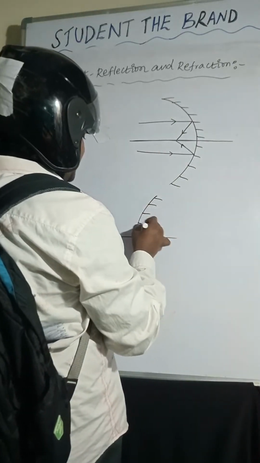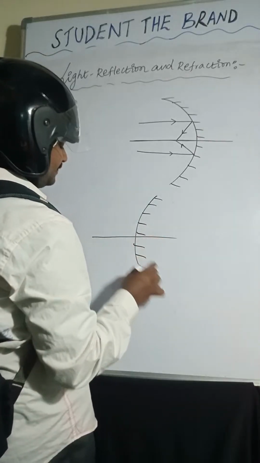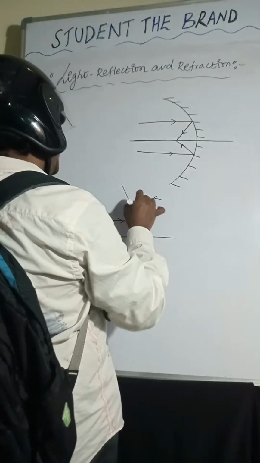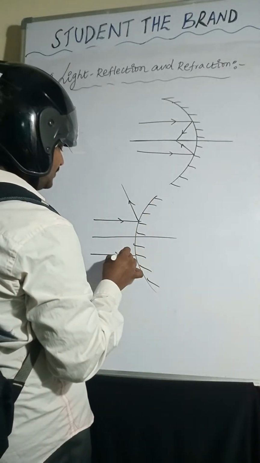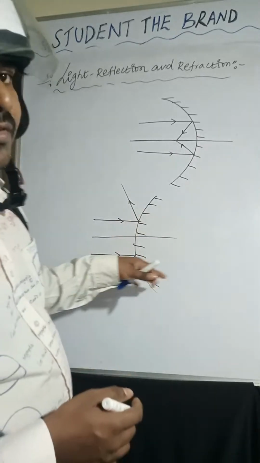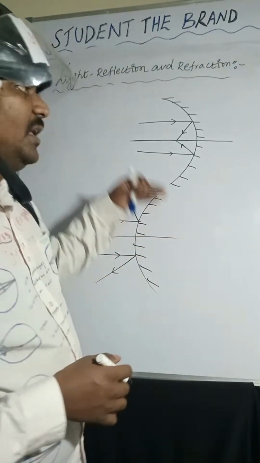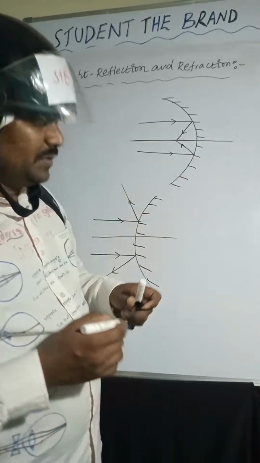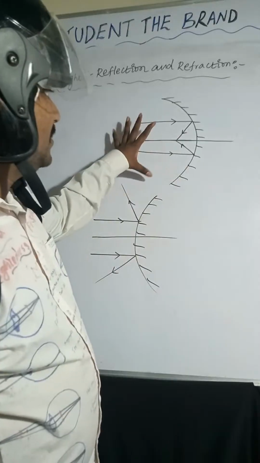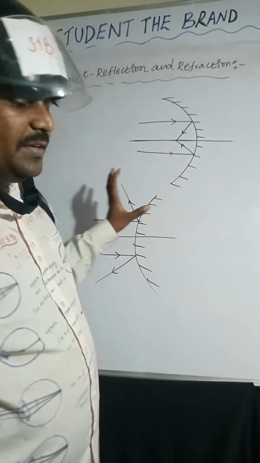In a convex mirror, after reflection the light rays move away, that's why it is called a diverging mirror.